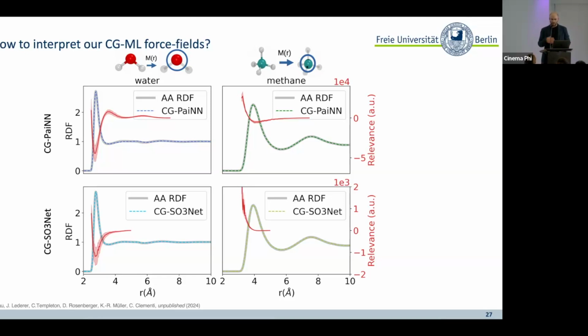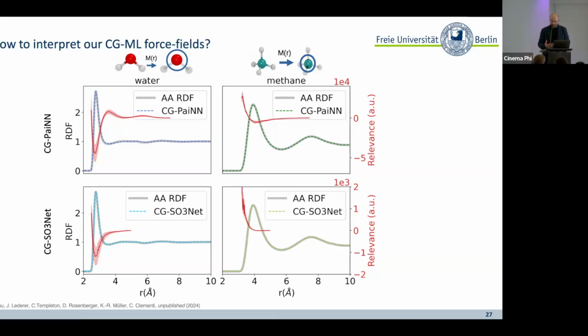So these relevance methods allow us to say where, in this RDF, which you can think of as a transformation of the probability distribution, we have a peak, meaning a high probability to find a molecule there. It means this is stable from the energetic point of view, and this is exactly what this relevance curve tells us.